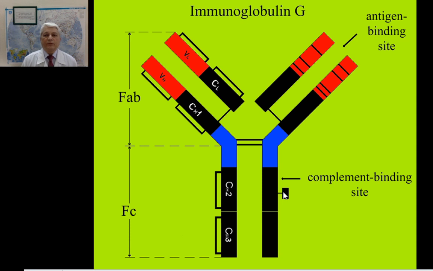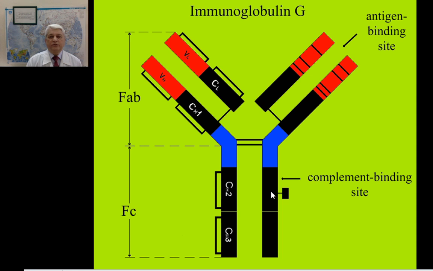They produce enzymes and also hydrophobic structures which can destroy, for example, the membrane of the bacteria or the membrane of the cell which attacks the human organism. So this is a very important place of the antibody molecule.